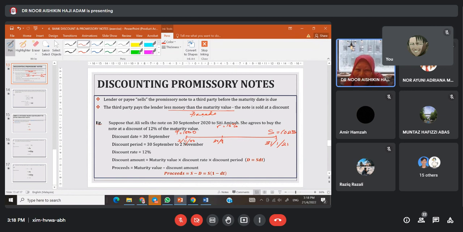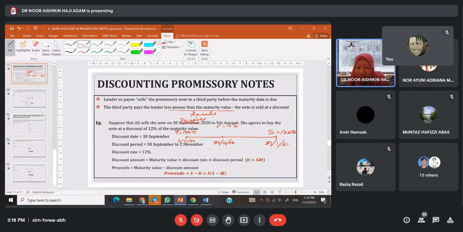Kenapa dia jual bulan 9 pula? Saya ubah boleh? December. Sorry about that. Allah, mabuklah cikgu ni. December. Kenapa pula bulan 9? Bulan 9 tak masuk cerita lagi. So 30th December of 2000.